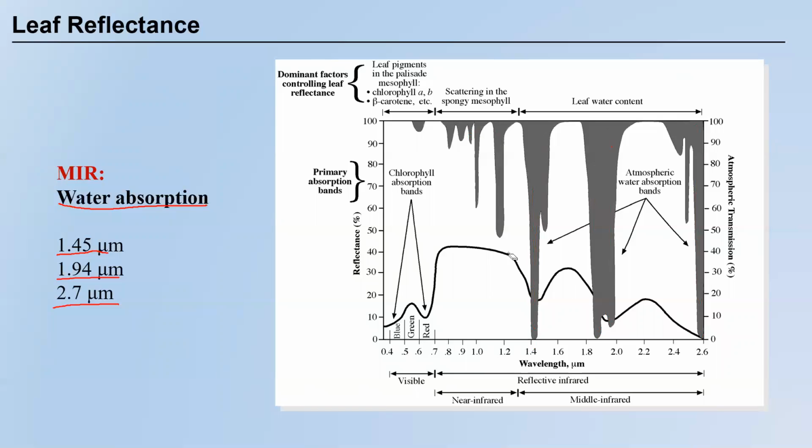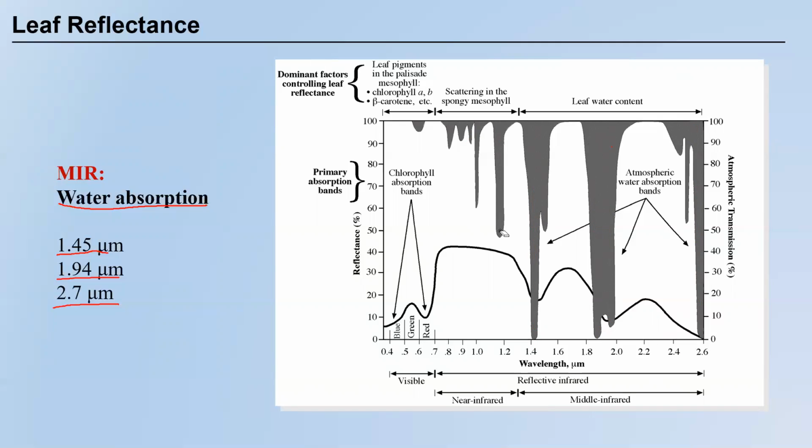And after that, when we are going into the mid-infrared band, this time water is the main character, because water begins to absorb so much energy. So there is this reflectance valley: reflectance valley 1, valley 2, valley 3. We call it a valley because it's the opposite of a peak, right?